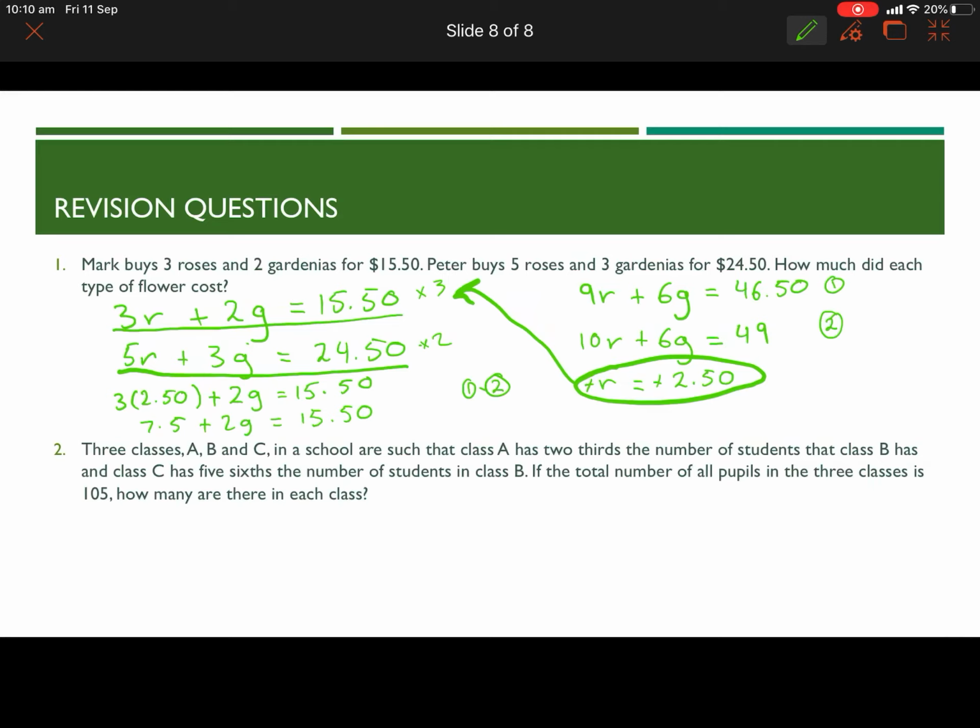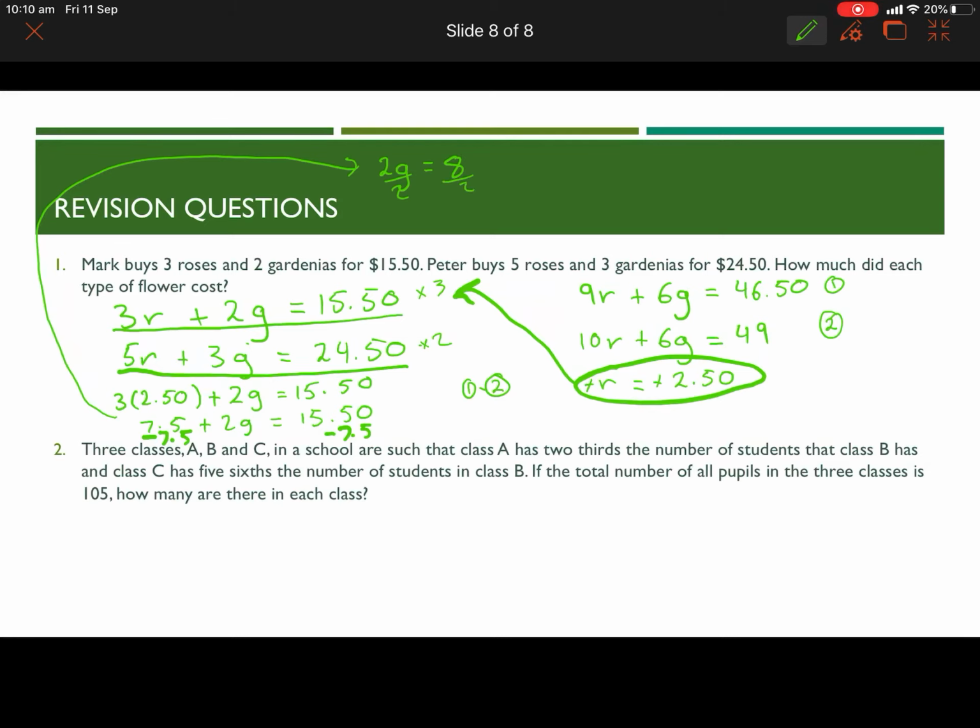And we're going to keep on solving that. I'll have to go up here, sorry. So $7.50, I'm going to subtract that from that side and the other side. So we have 2g left on that side equals $15.50 minus $7.50 would be 8.